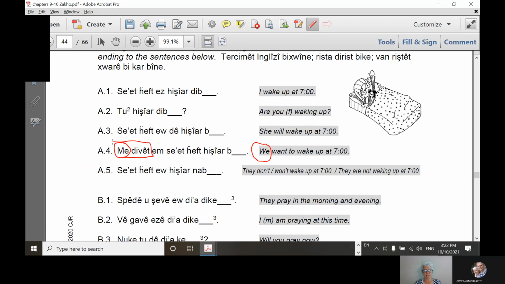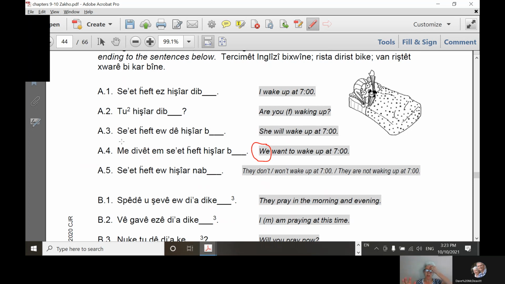In the present tense, this verb want uses ergative sentence construction, where the verb ending agrees with the object, which is we want something. And that something is like he, she, or it. So it takes that t ending, regardless of what the subject is.